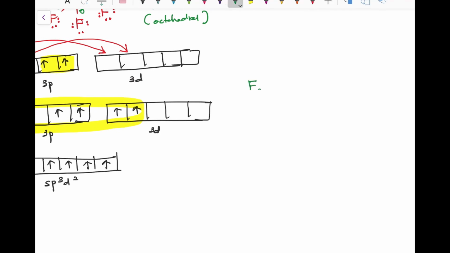Fluorine ground state, 2p, has only one available orbital for bonding.